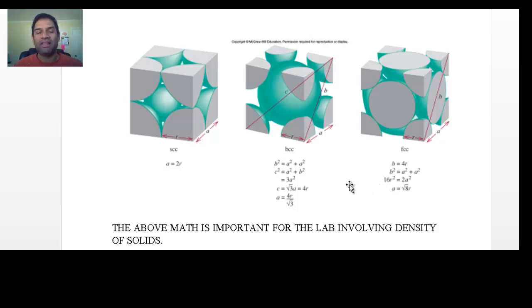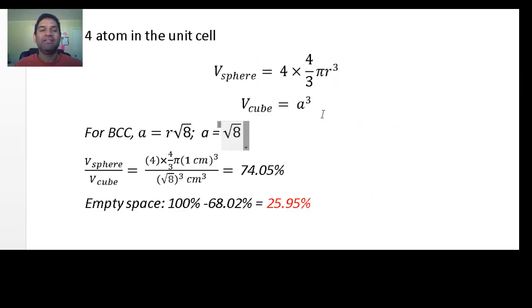R will always be 1 centimeter. So we take the ratio of the volume of the sphere over the volume of the cube, multiplying the sphere volume by 4 because there are 4 atoms in the unit cell for FCC. A is going to be r square root of 8. Again, that equation is derived, so there's really no need to memorize it.